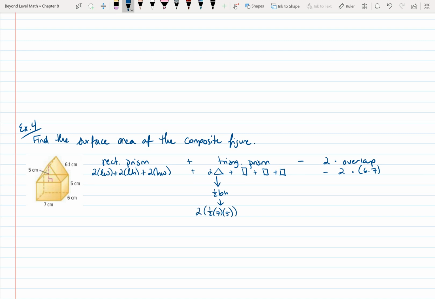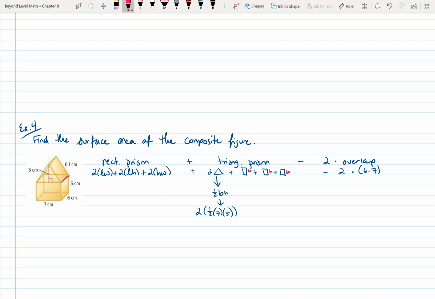Yesterday, Lucas made the point of, do we have to do the 2 times the 1/2? No, because it's just 1. But I'm going to write it down just to keep our work organized and why we're doing what we're doing. Okay, so for each side, the height of the prism, so if we set that triangular prism on its base, the height of the prism would be 6.